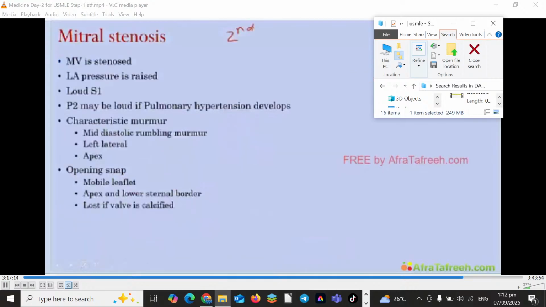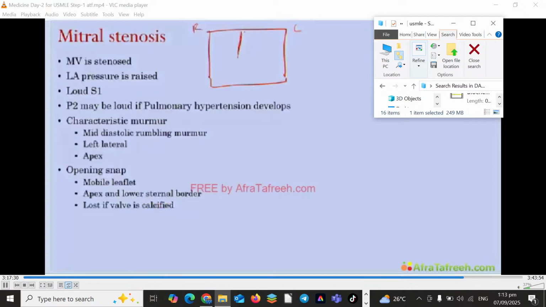Mitral stenosis. What you mean by mitral stenosis is, when you saw this heart structure and you called it the right and the left, this is how it is usually, that the left side is much bigger than the right side.